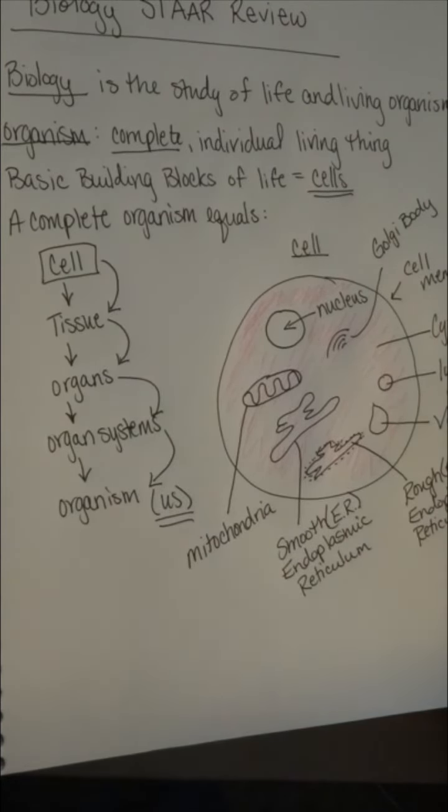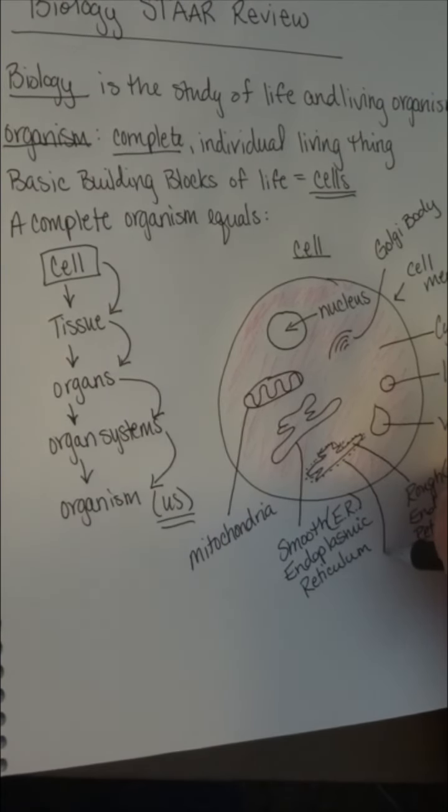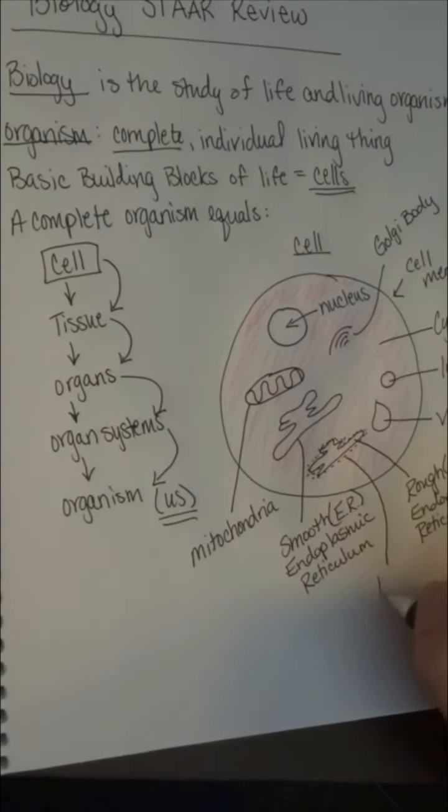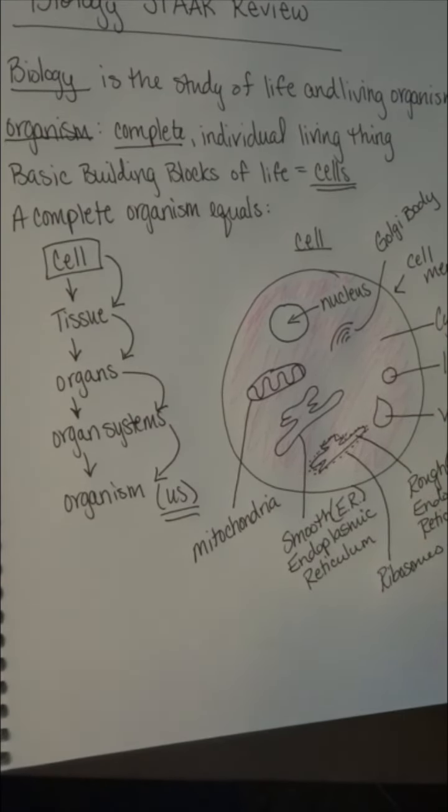So the rough ER helps make protein, so it's our protein factory. Here we have these little dots off of our rough ER. These are our ribosomes. These make proteins. So these are our protein makers. And that is pretty much everything inside the cell that you would need to know that's important.